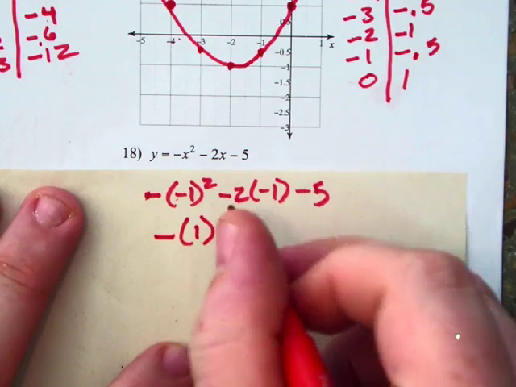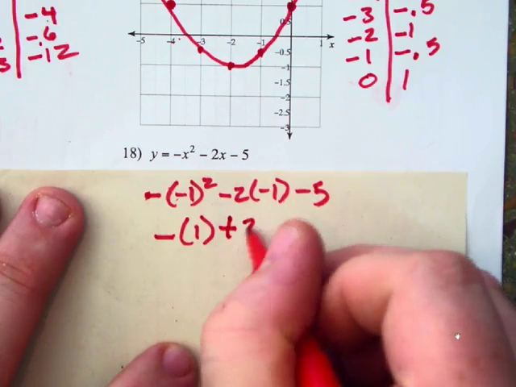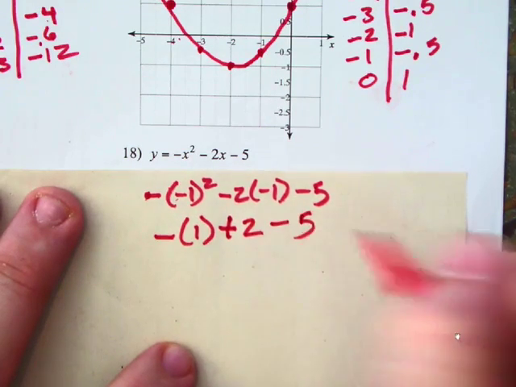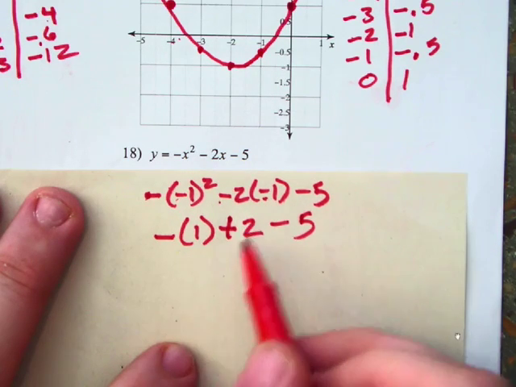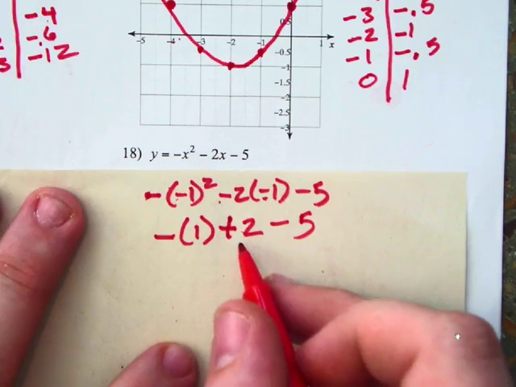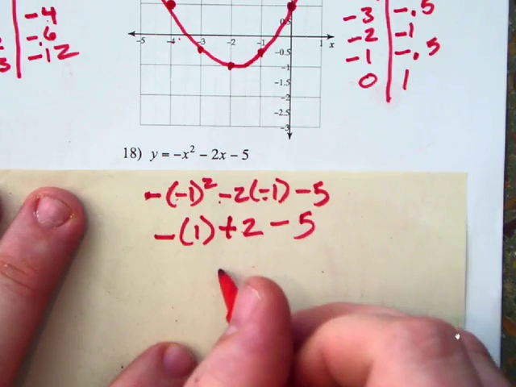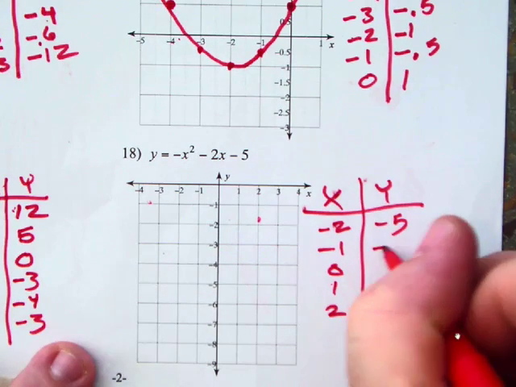Minus 2 times negative 1 is positive 2, minus 5. Okay? Because remember, minus a negative is the same thing as plussing. Negative 1 plus 2 is 1. 1 minus 5 is negative 4. Okay, so we're going to put a negative 4 there.